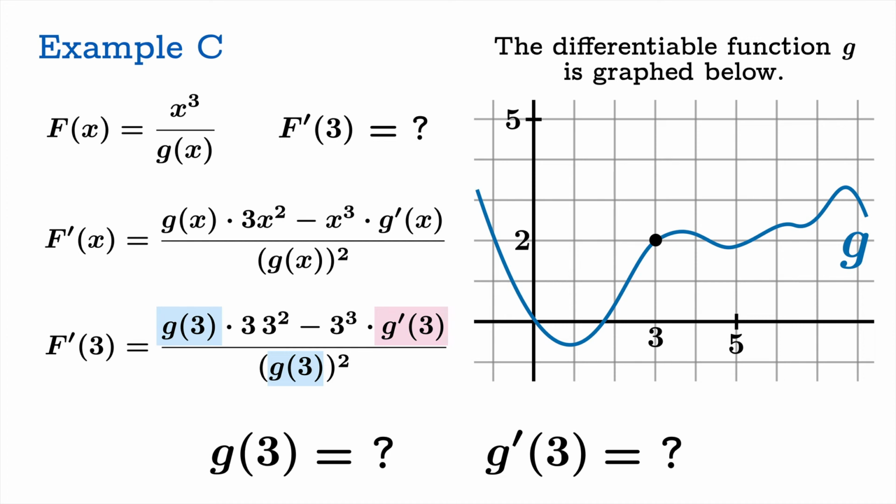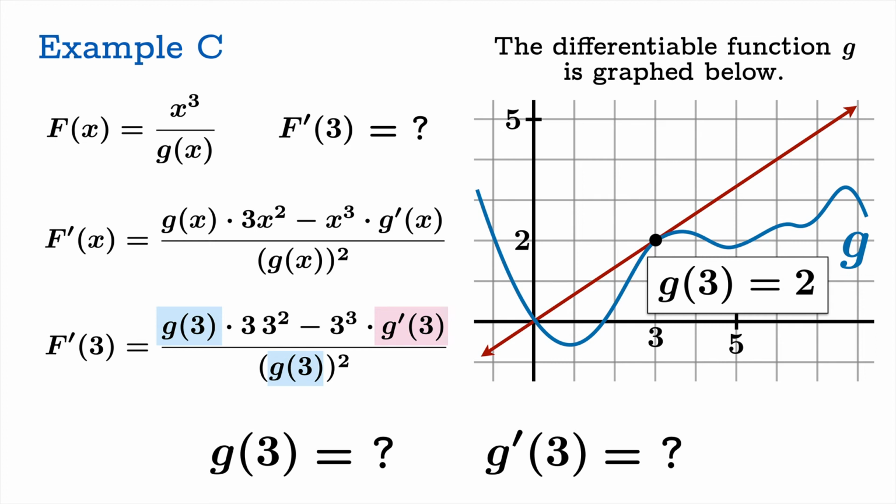And we can read off that g of 3 is equal to 2. And if we carefully draw a tangent line, and we pick a nice part of the tangent line by which we can calculate the slope, we notice that g prime of 3 appears to be 2/3.